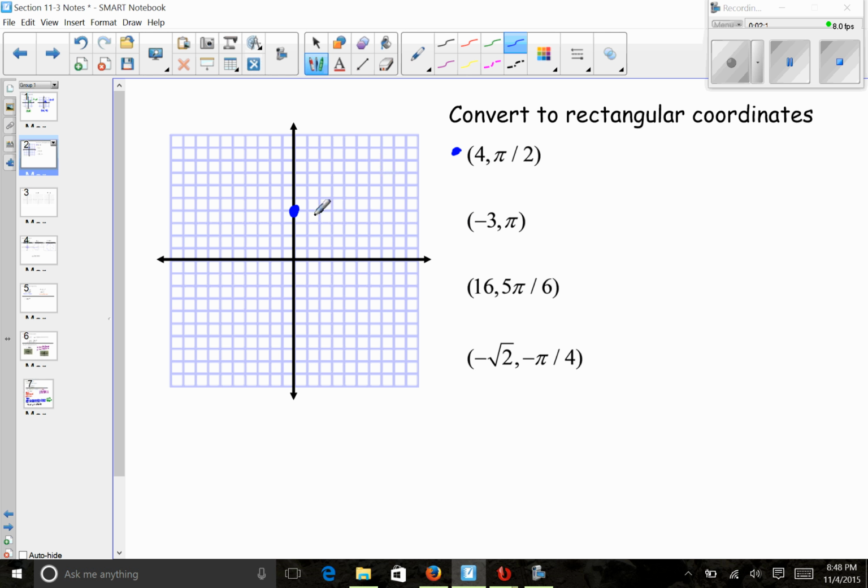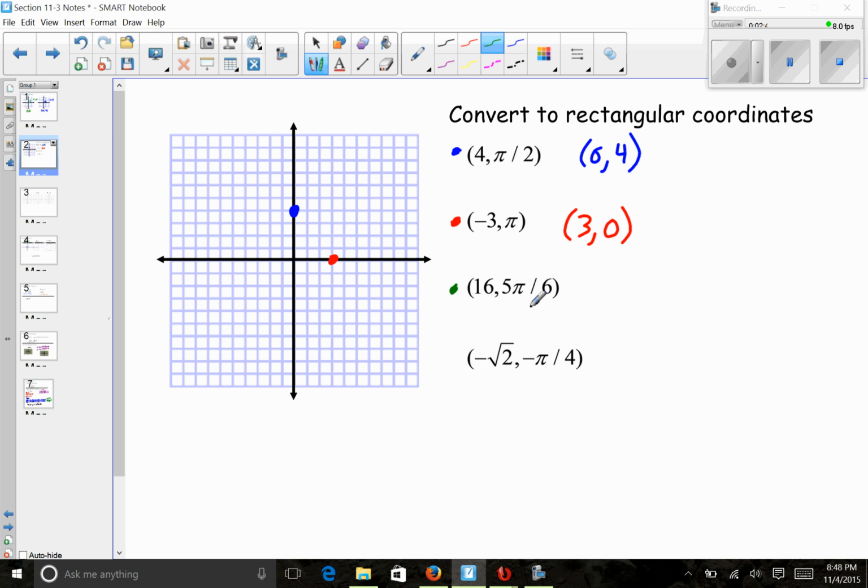And in terms of x and y coordinates, that would be 0, 4 in rectangular. Next, negative 3, pi. So I'm negative 3 away, so pi would take me around to here, but then I'm going 3 the opposite direction.